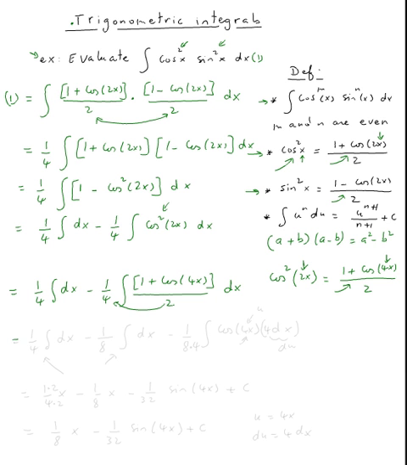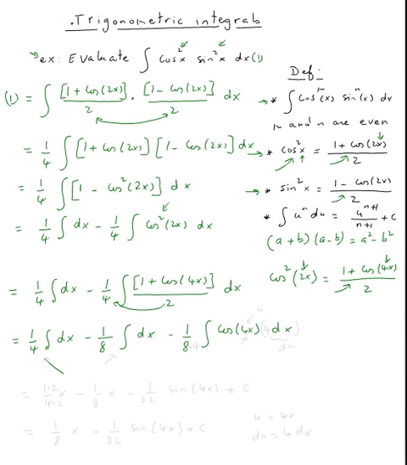So that would be what? 1 over 4 integral of dx minus 1 over 4 times 1/2, which would be 1 over 8. Now I'm going to distribute 1 over 8. So that would be integral of dx minus 1 over 8 integral of cosine of 4x dx.